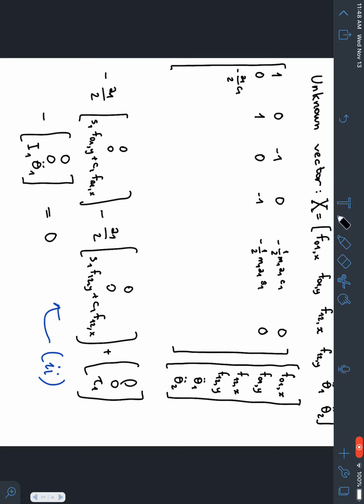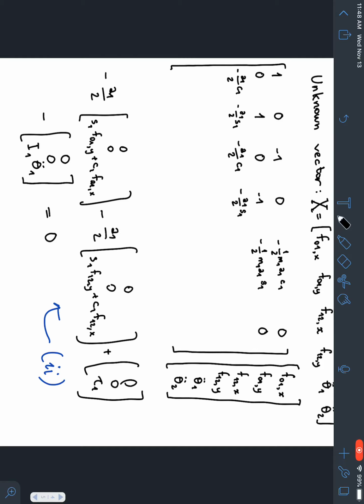The coefficient of f01y is, again, minus a1 over 2, but now multiplied by sine of theta 1, right? What is the coefficient of f12x? That's minus a1 over 2 cosine of theta 1. And the coefficient of f12y is minus a1 over 2 sine of theta 1.